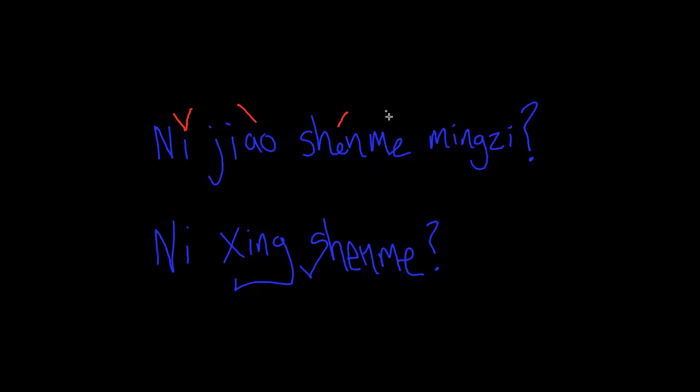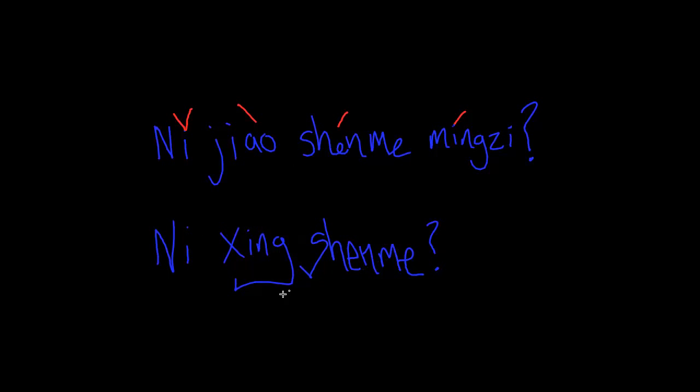Now the me actually is a no tone. We didn't talk about this. The no tone in Chinese is just you don't put any emphasis on it. Some people call it the fifth tone, but I'm not going to call it the fifth tone. Let's just not put a tone on it and just not emphasize it. 你叫什么名, second tone, 名字. 你叫什么名字?